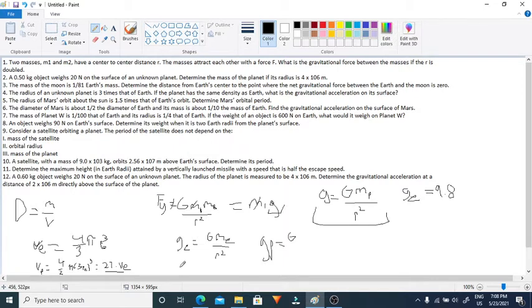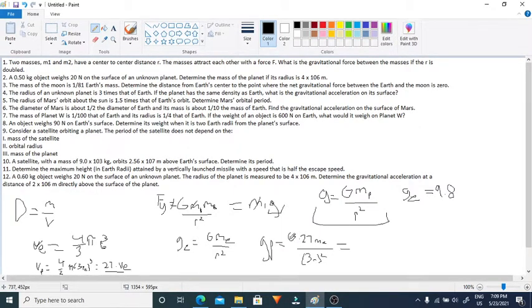So that means it's going to be G times 27 times the mass of the Earth over, and now it's going to be (3r) squared, because we know it's got 3 times the radius. So now when we solve this, we'll actually get 27. I'm going to take that out for now.